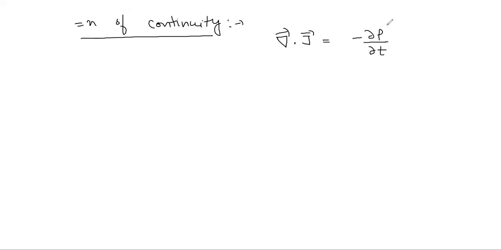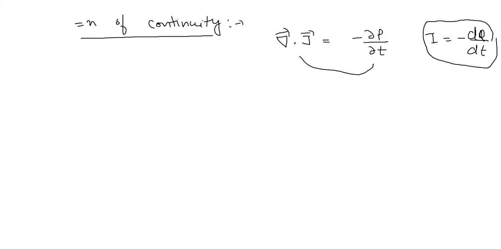It came from when we said that I is equal to minus dq by dt. If there is current flowing out of somewhere, that means charges present in the system are reducing as a function of time. We derived it 2 times. If you don't remember, you can go back to the previous lectures and have a look.